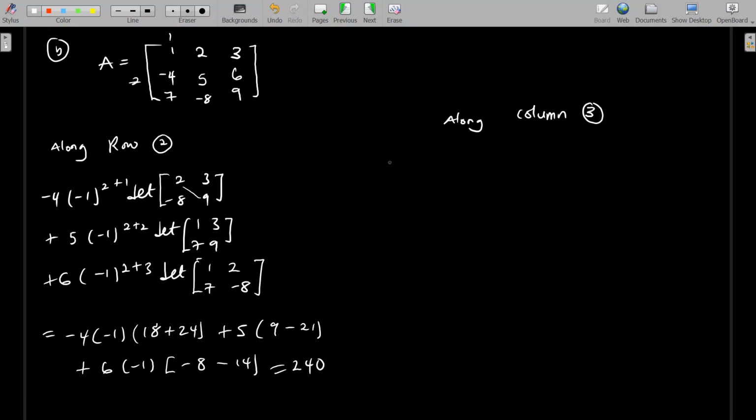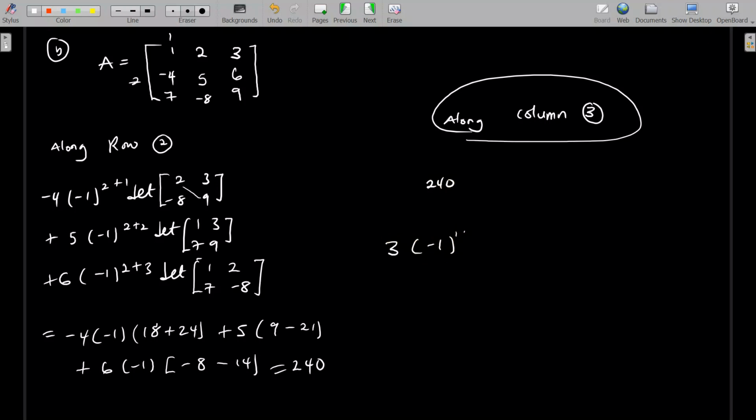So along column 3, we should get the same thing, and I'm claiming that indeed if you do that, you're going to get 240. The first thing is you pick 3 times -1 to the power 1 plus 3, because 3 is at position row 1, column 3.